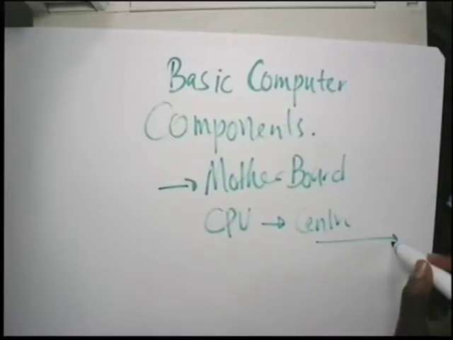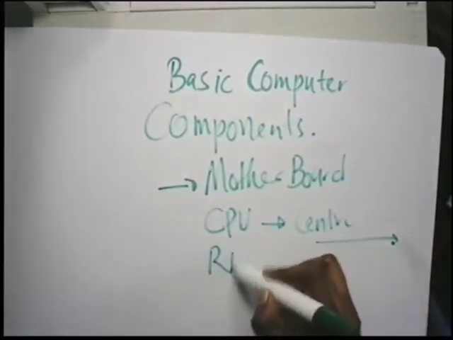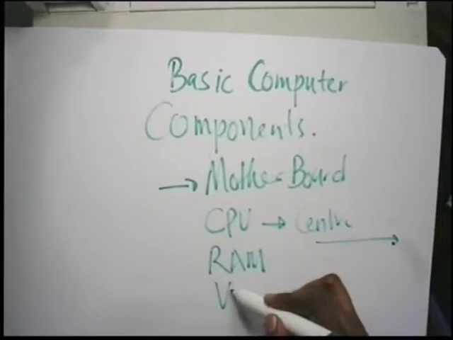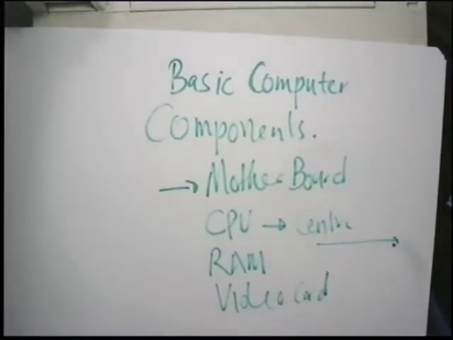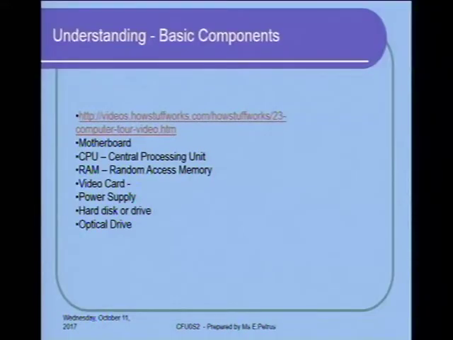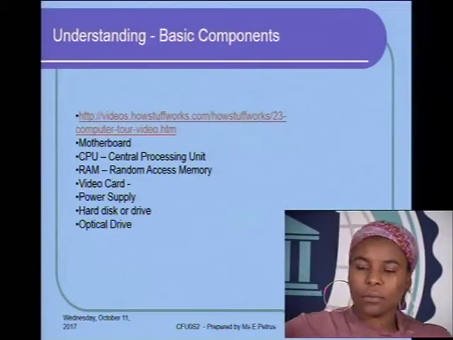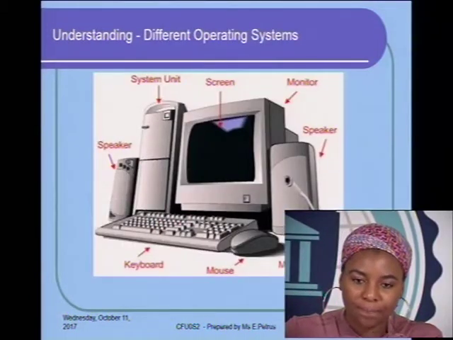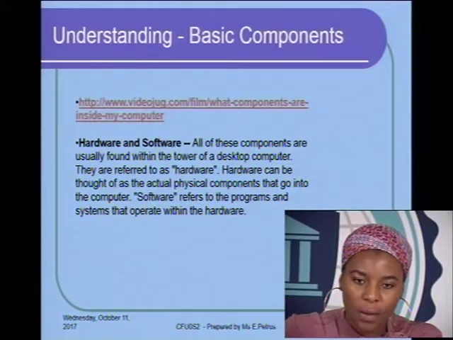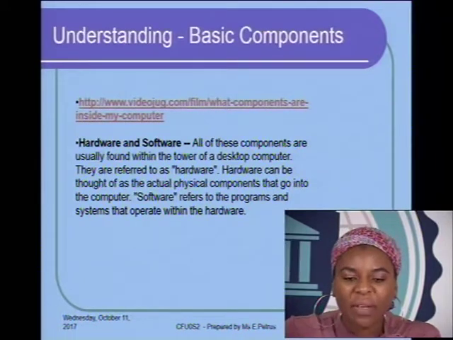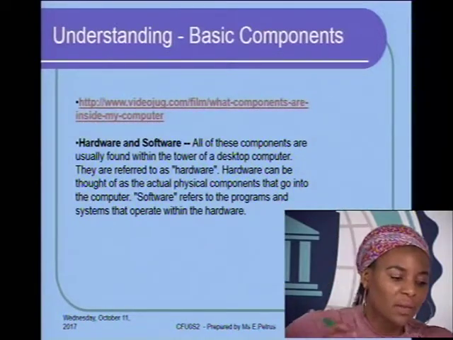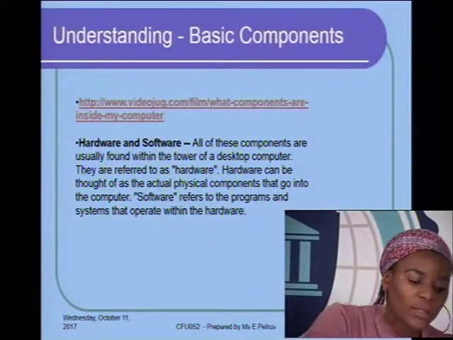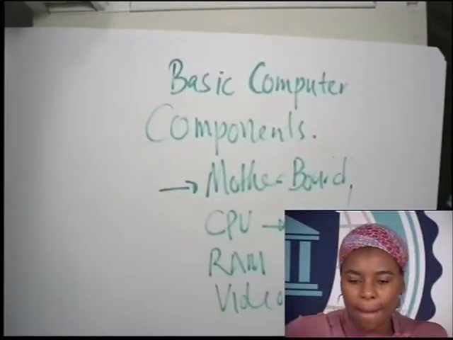I don't need to complete that. It is made up of RAM, video card, power supply, hard disk or drive or optical drive. Some of these are part of what you call the components of a computer. Now we need to understand the basic parts of a computer. We discussed already the software parts. So which of these are software and which are hardware?